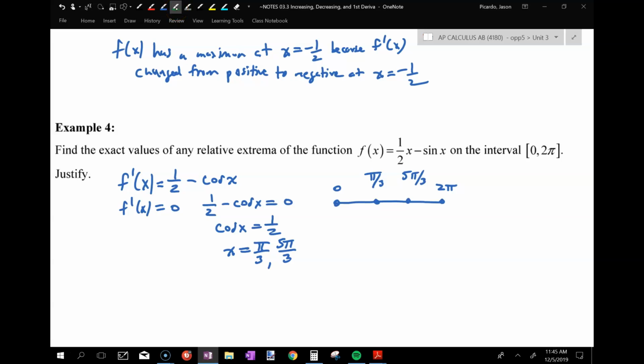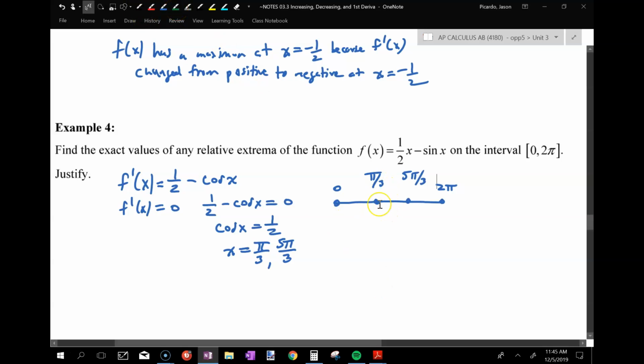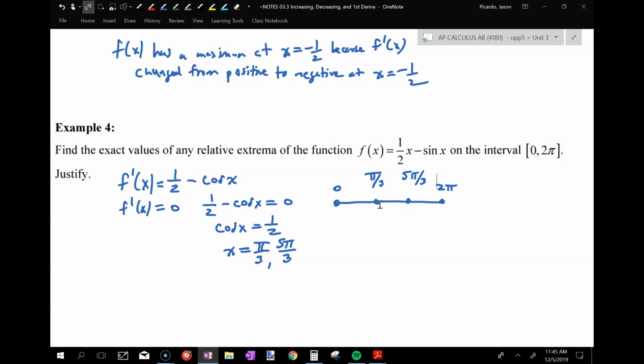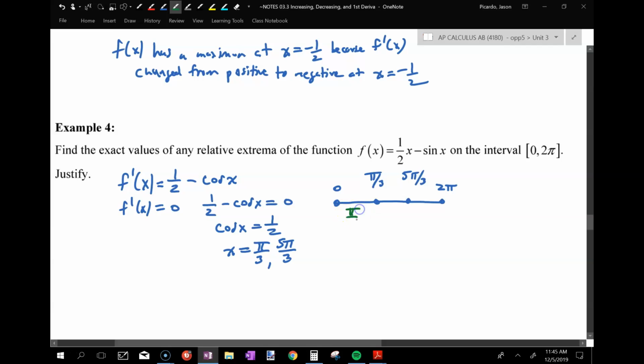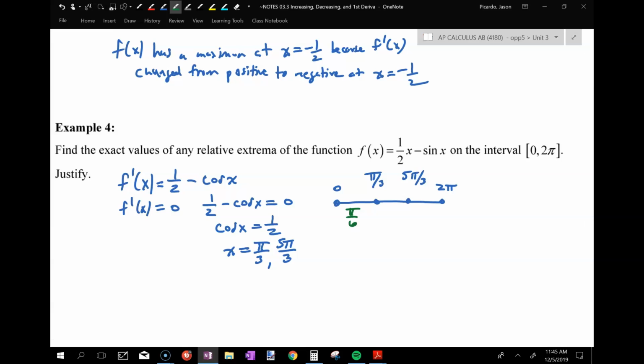All right, so guys, give me any value between 0 and pi over 3. Make it something that I can easily plug into this. Pi over 6. Pi over 6 is definitely smaller than pi over 3. Give me something in that middle. Make it even easier than that.